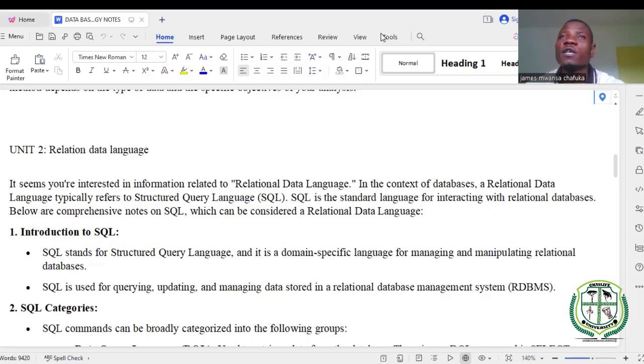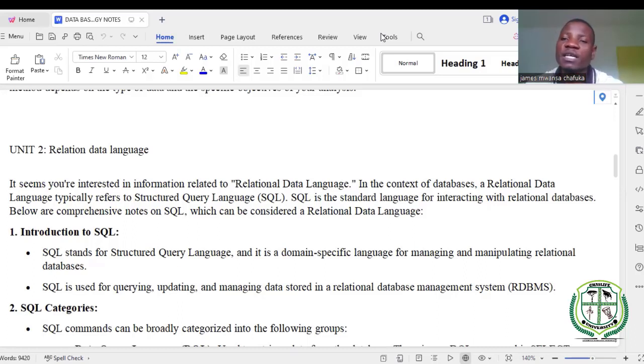SQL is an abbreviation for structured query language, and it is a domain-specific language for managing and manipulating relational database. So in order to manage and manipulate a relational database, there is need to involve SQL.